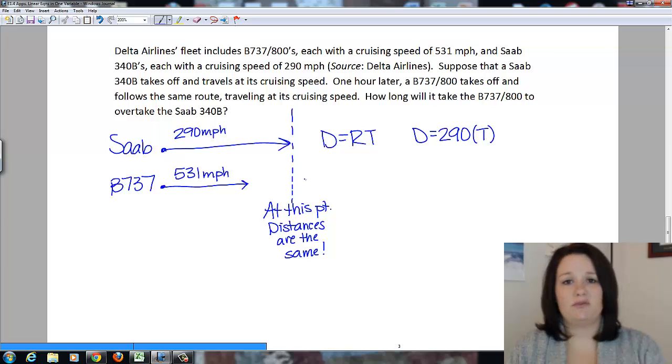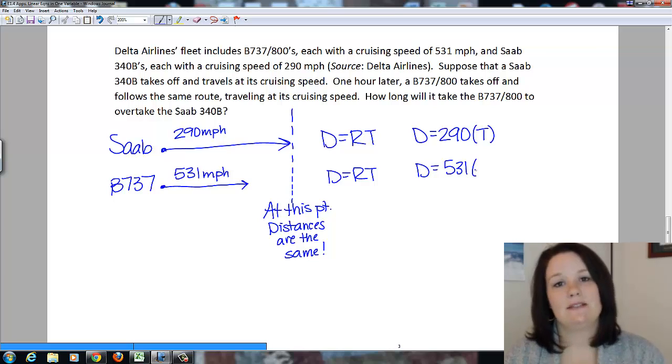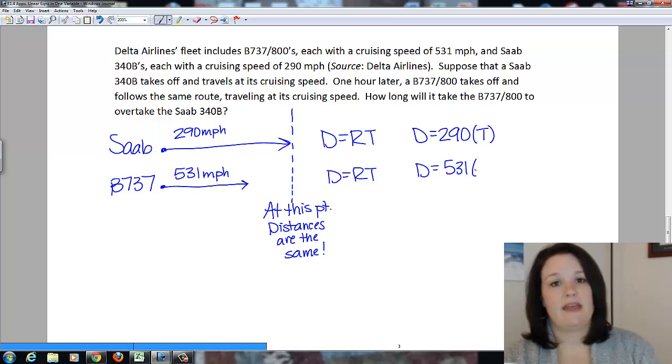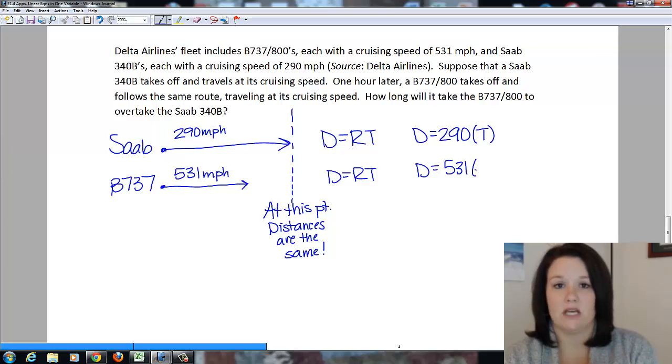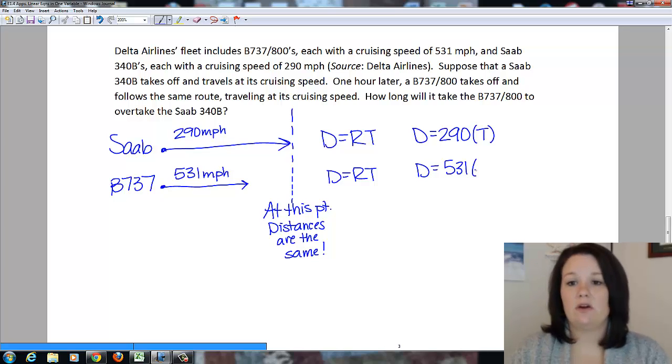Okay. Now let's do it for the second plane. Distance again is equal to rate times time. We don't know his distance, but we know he's going 531 miles per hour times his time. Now, I can't call it t also because they haven't been traveling the same amount of time. The second plane left later, okay? So notice here it says 1 hour later.